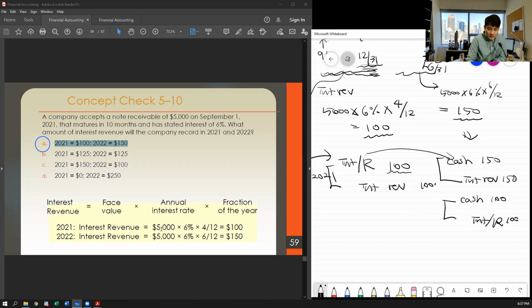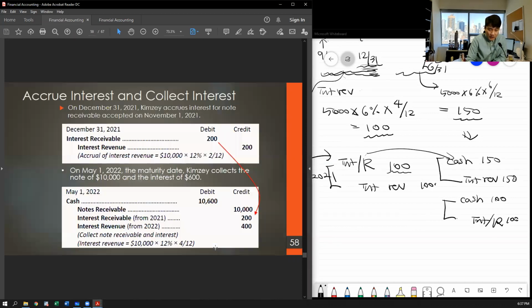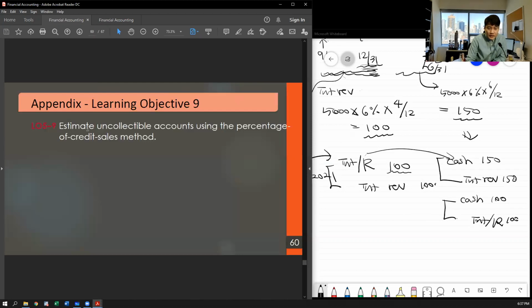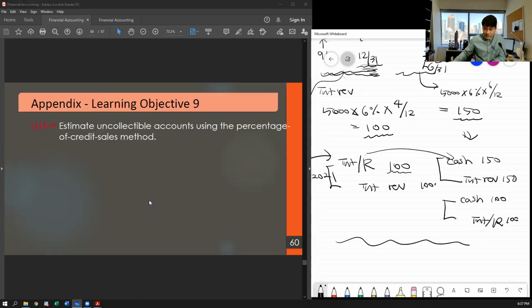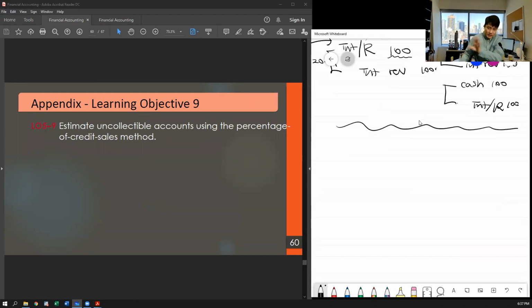Okay, so I think that's it for chapter 5. Just to remind you, we covered 3 methods for estimating uncollectibles, unrelated to these notes.